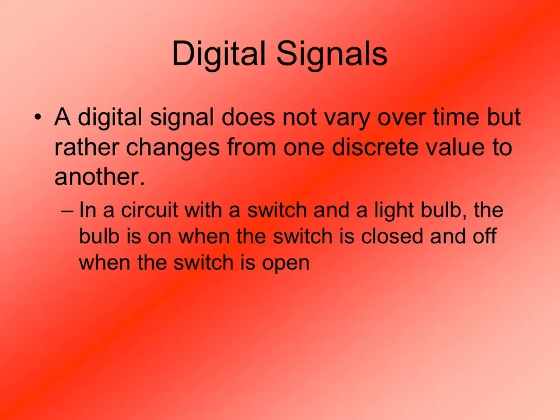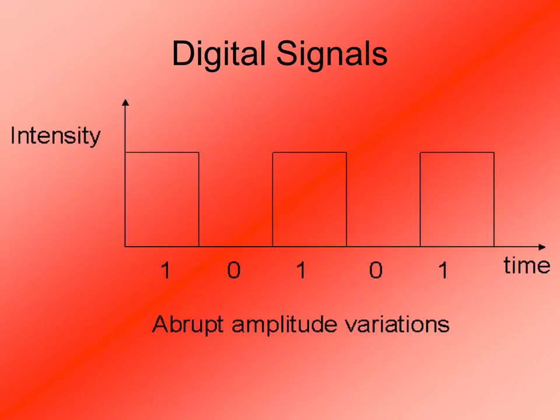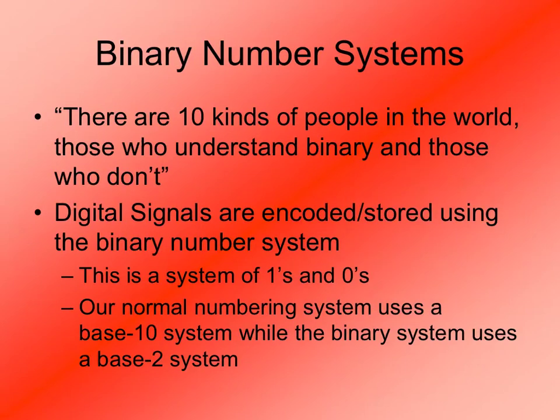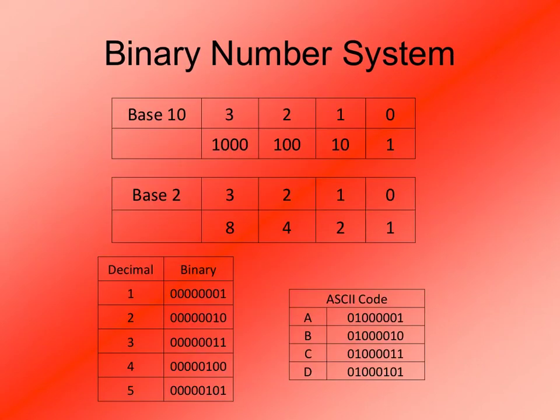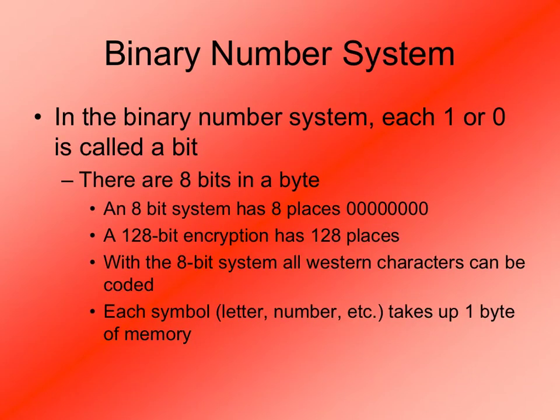You should remember from F.2 that our digital signals do not vary with time. It's either on or off, 1 or 0, up or down, left or right. There's only 2 options, and that's how the signal is determined. So we're going to move through this quickly. We talked about converting and binary. This should all be review.